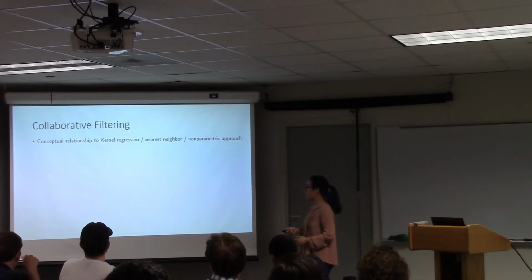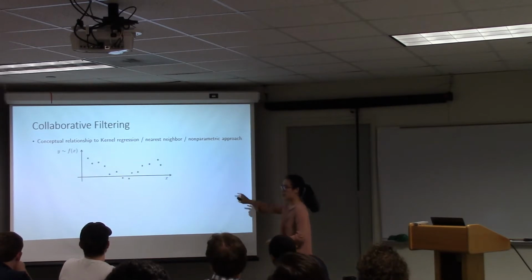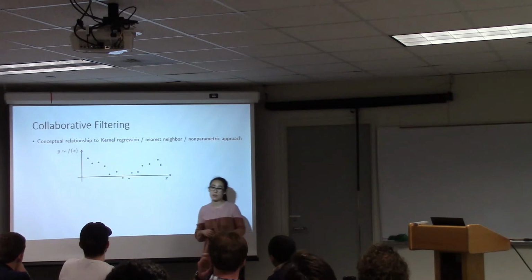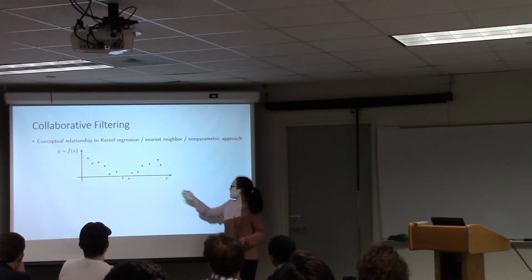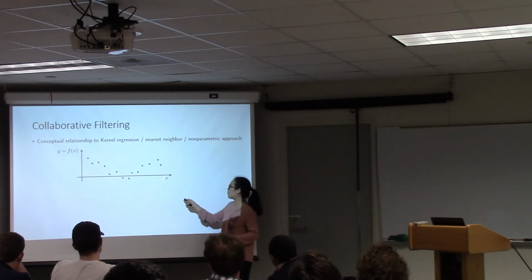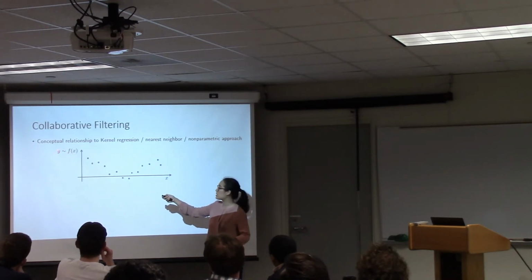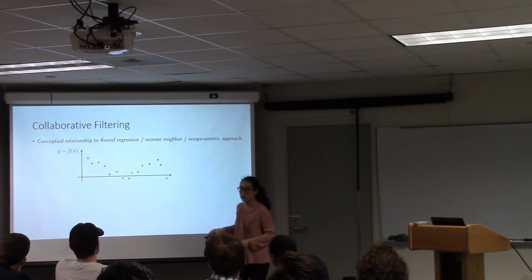So suppose we have a regression task, and in our regression task we have a bunch of data points that we observe of input-output pairs. The inputs are the covariate x, and the output is y, where it's a noisy observation of some function of x.